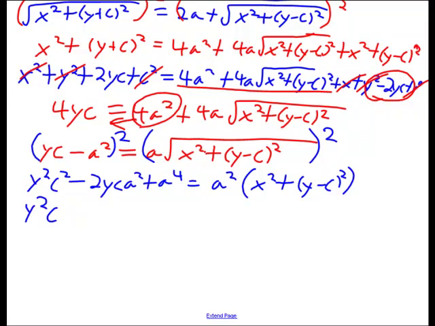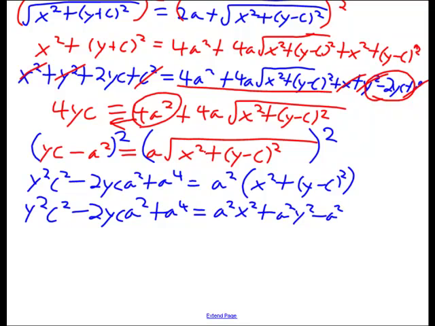We'll get y squared c squared minus 2yc a squared plus a to the fourth equal to a squared times x squared, plus we'll have a squared times y squared minus a squared times 2yc plus a squared times c squared.